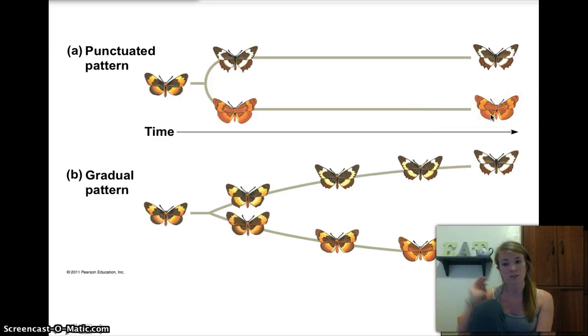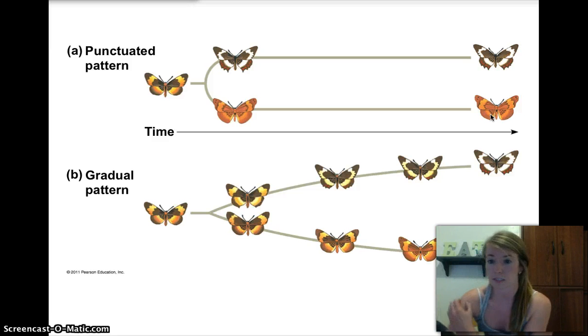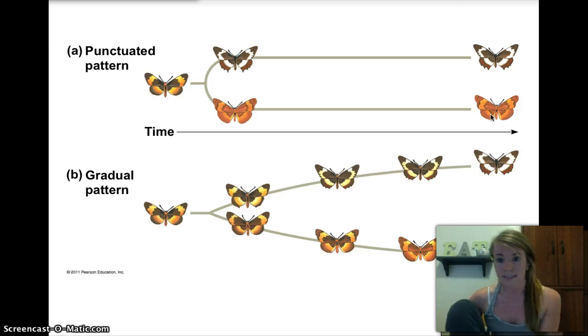It's punctuated, which is the way a period interrupts multiple sentences, and suddenly evolution happens. Speciation happens very quickly, whether it's in regards to a predator being introduced, or a predator being removed, or a natural disaster. Something's changing in their environment, and evolution happens so fast that suddenly speciation occurred and they're a new species, but then they're not going to change for thousands of years. So that would be punctuated equilibrium.